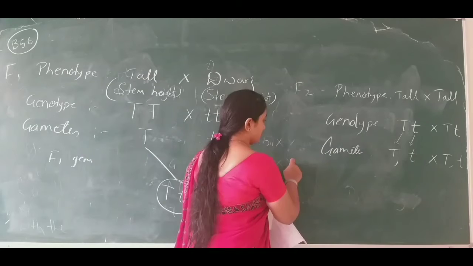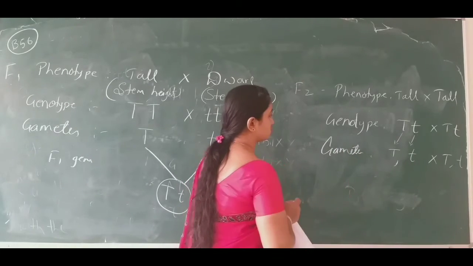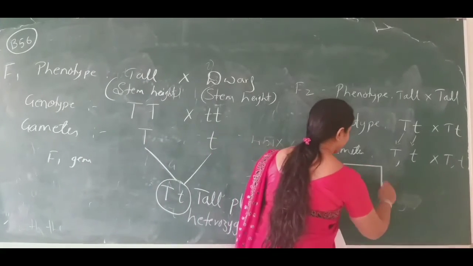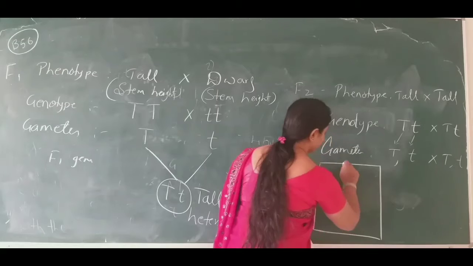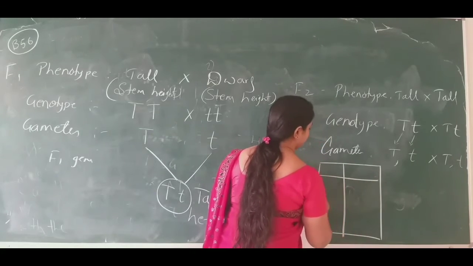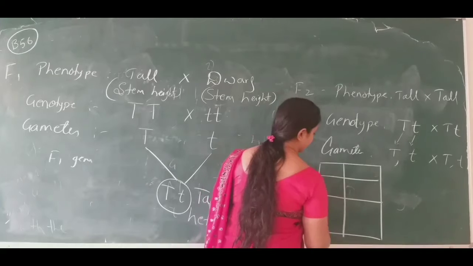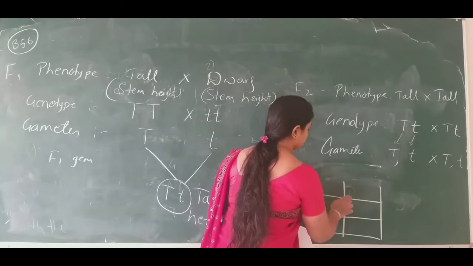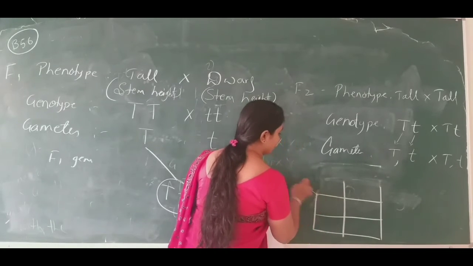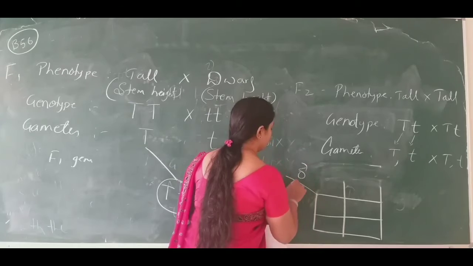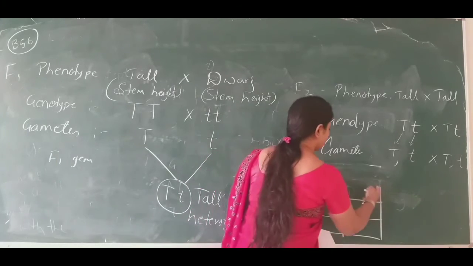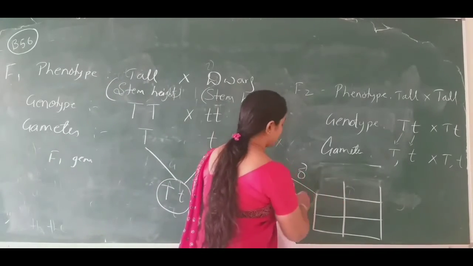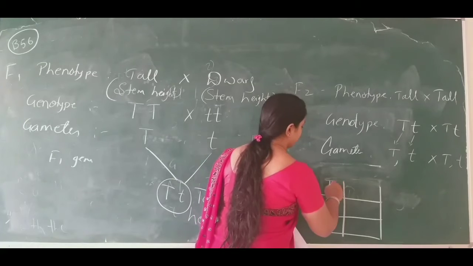And when you start crossing these two gametes, the male gamete and female gamete, how are you supposed to show that? You have to write the Punnett square. On the top of this Punnett square you write the male gamete, and here will be the female gamete.